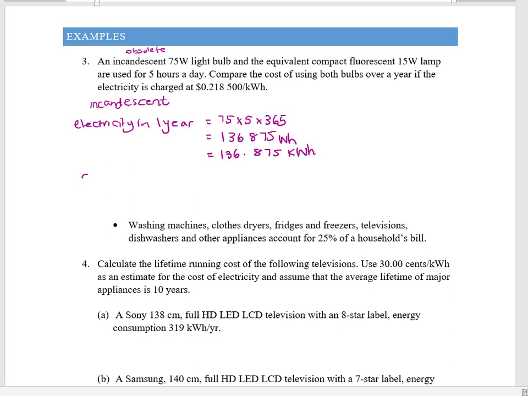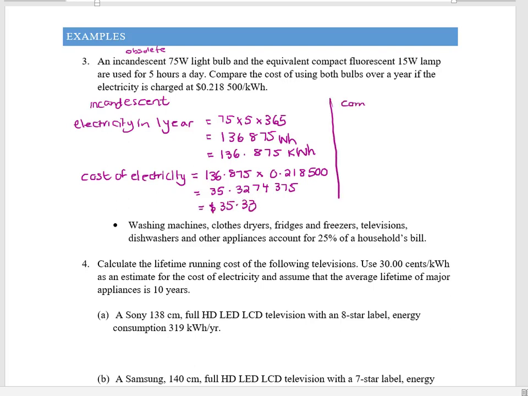Now the cost of electricity: I'm going to multiply 136.875 by the cost, which is 0.2185, which is in the question. And then I get 35.3274, etc. And I know that money has to be 2 decimal places, so I get $35.33.